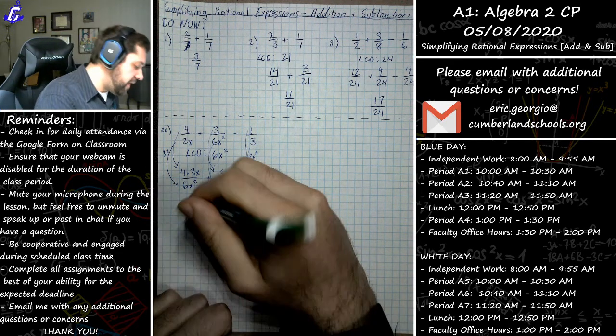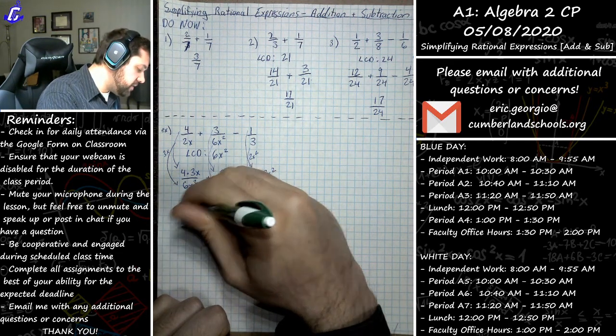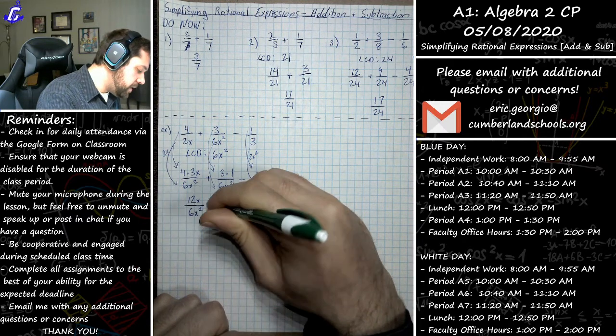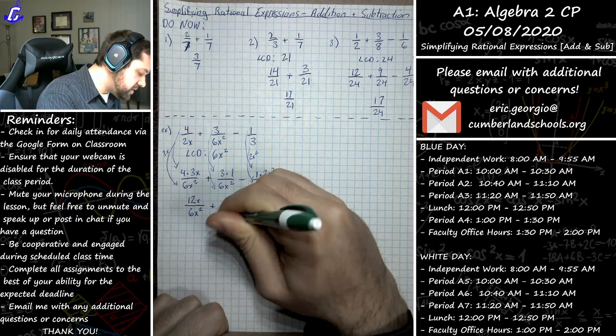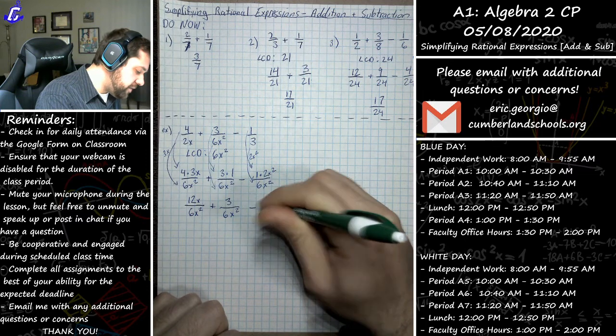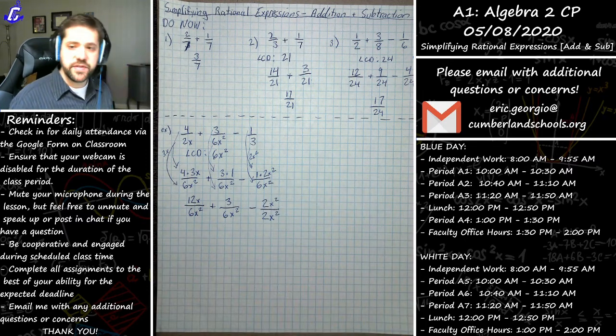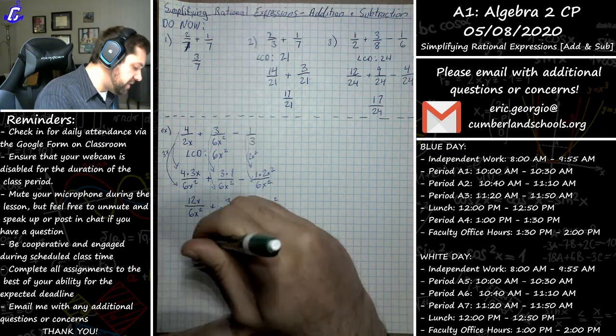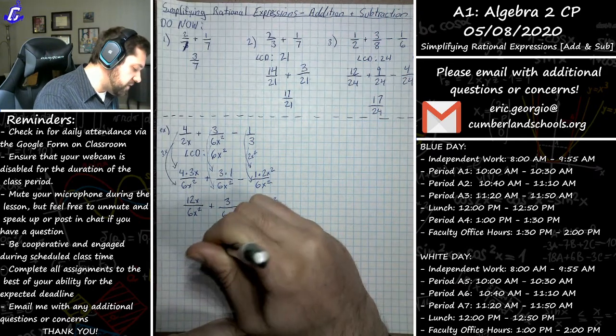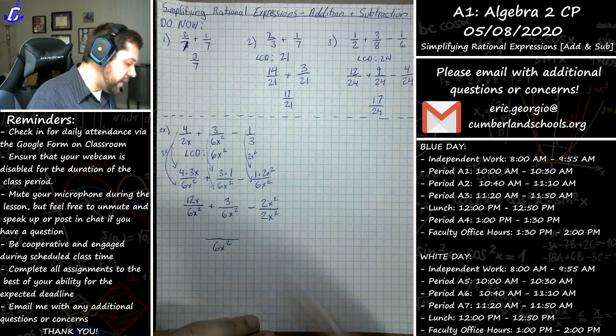We can now simplify that down to be 12x over 6x squared plus 3 over 6x squared minus 2x squared over 6x squared. And now we'll just combine those together the best we can. They all have the same denominator, so we can write that all over 6x squared. And here we're going to rearrange the terms of the numerator.